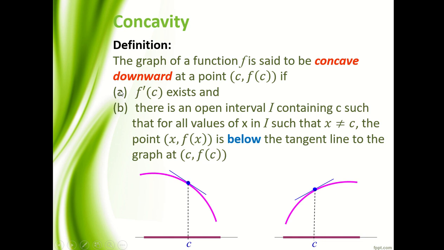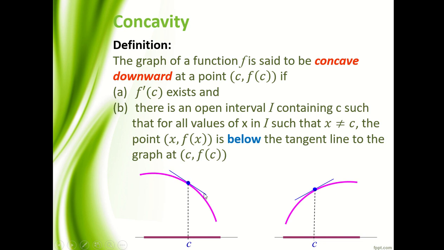And second, there is an open interval I containing C such that for all values of x in the interval I, x not equal to C, the point with coordinates x and f of x is below the tangent line to the graph at this point of tangency.